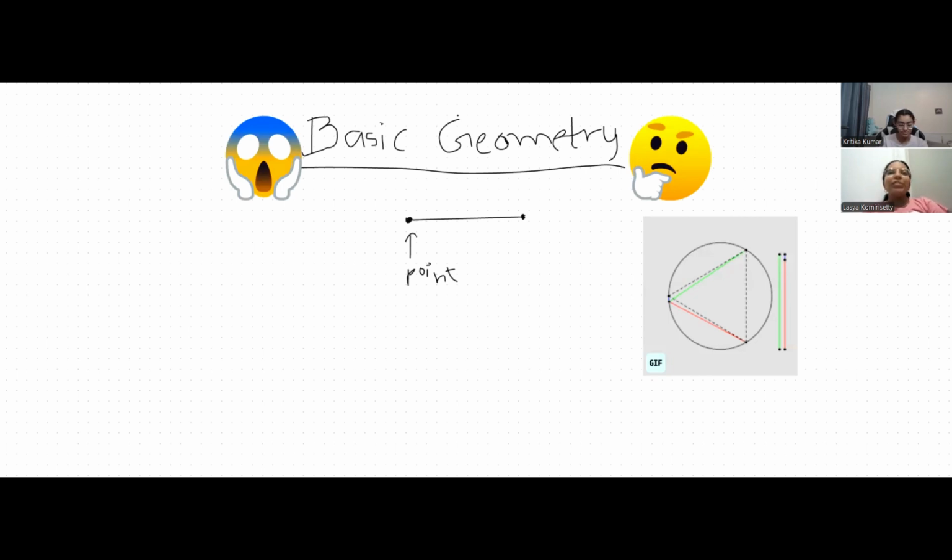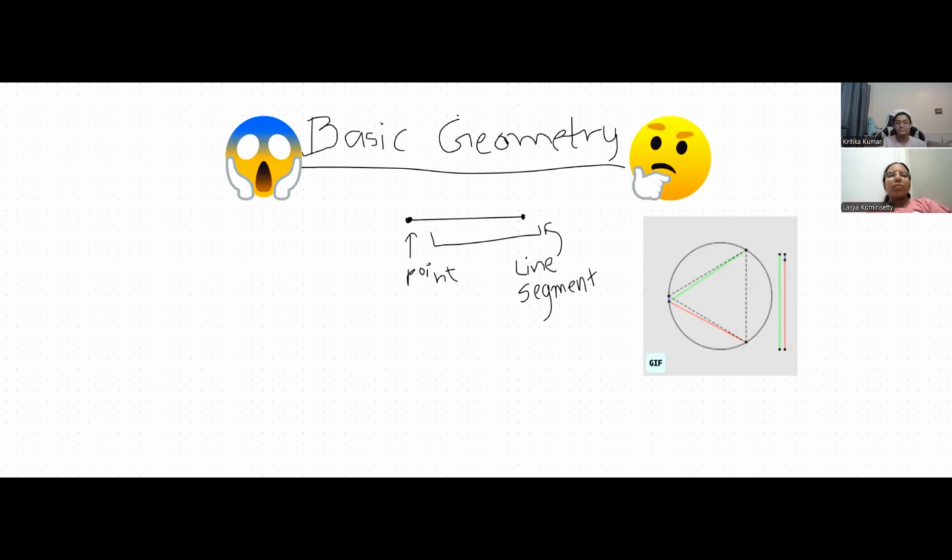But no, in geometry, it's called a line segment. That's when you have 2 points, one on each side, restricting the whole line to not be infinity and to stop at a point.